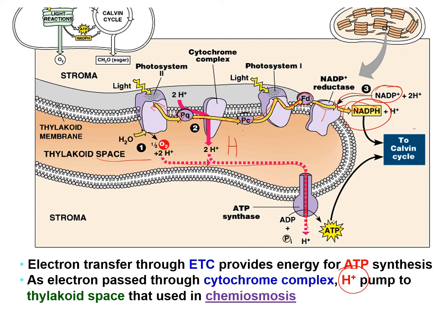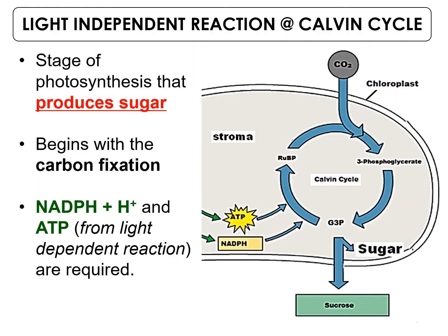Ni hydrogen ion. And then hydrogen ion, as its concentration increases here, will flow through the ATP synthase. Similar to chemiosmosis that occurs in cellular respiration. So this one produces ATP. ATP will be used in Calvin cycle.